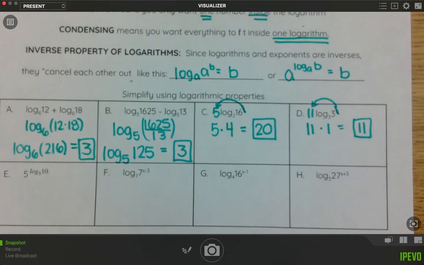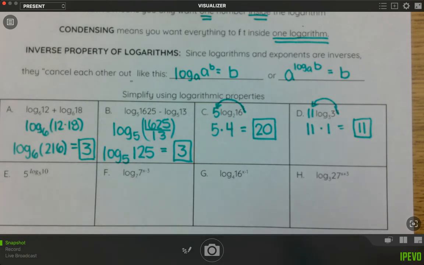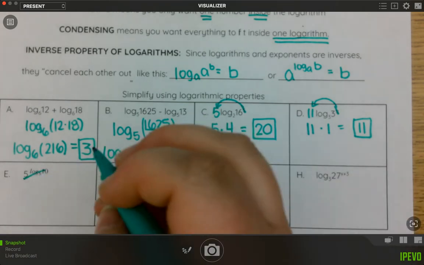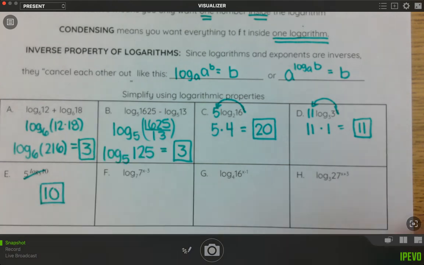Now on to part E. 5 to the power of log base 5 of 10. That is an exponent on the base of 5 and a log with a base of 5. So those 5s cancel. Oops, crossed that out a little too far. Got a little too excited. And it's just 10. Done, guys. Just done.